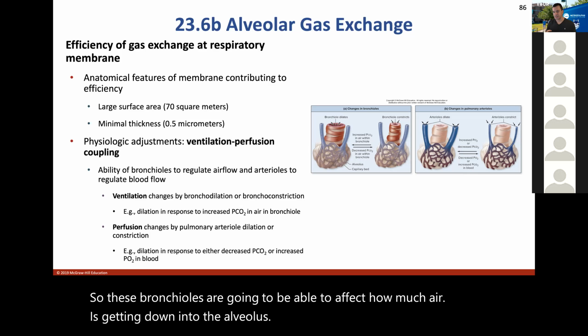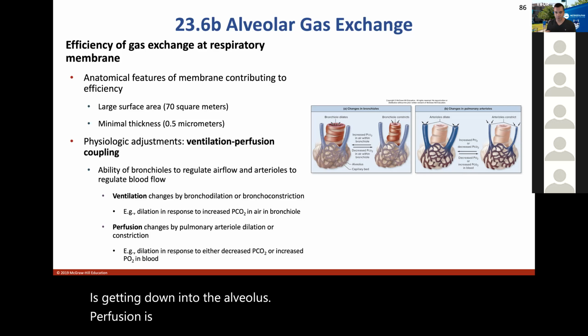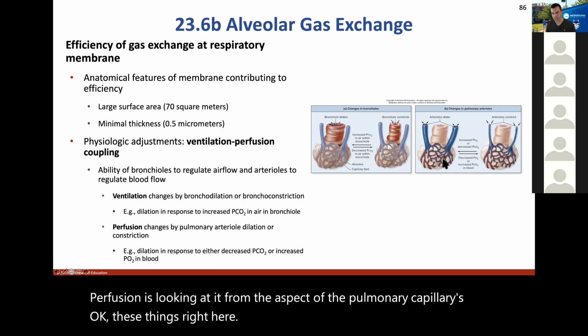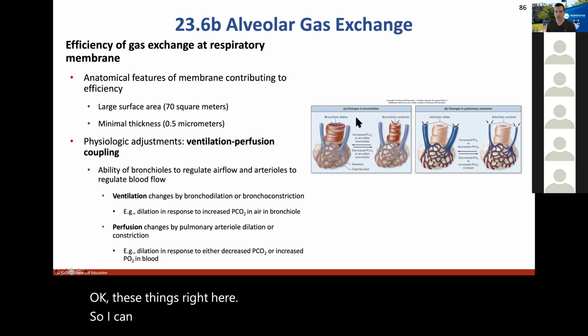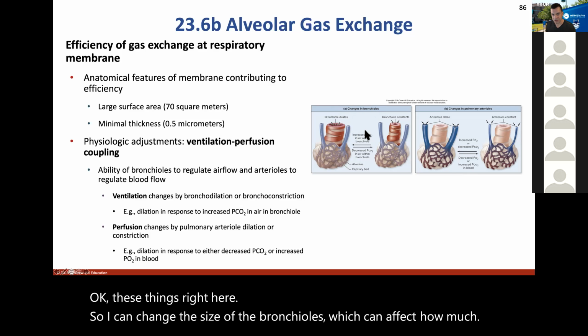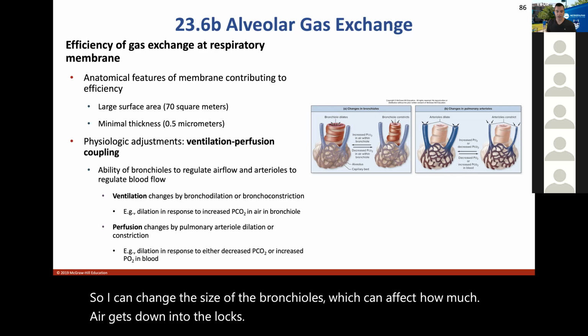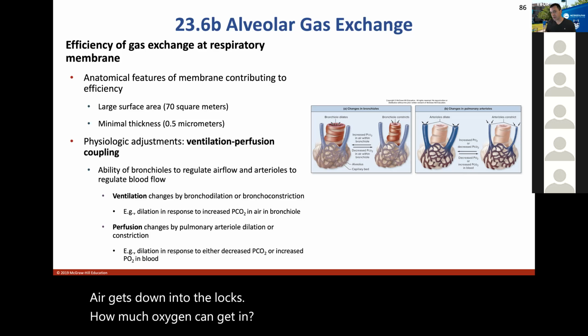Perfusion is looking at it from the aspect of the pulmonary capillaries, these things right here. So I can change the size of the bronchioles, which affects how much air gets down into the lungs, how much oxygen can get in, and how much CO2 I can get out.